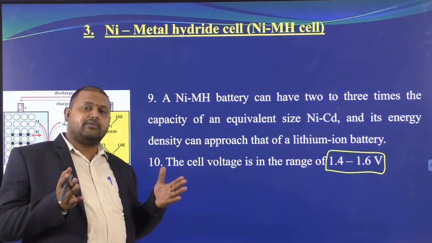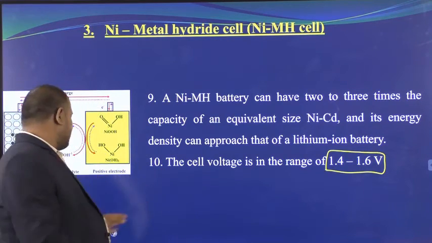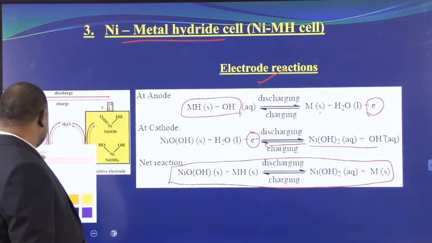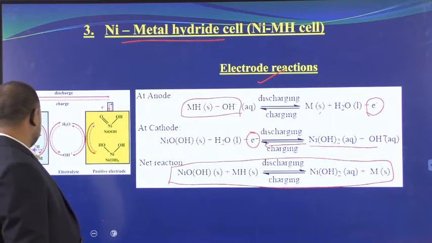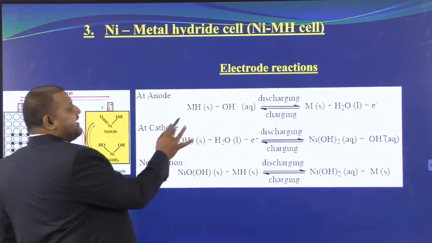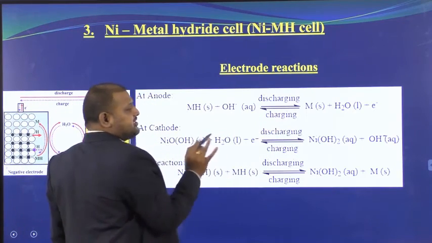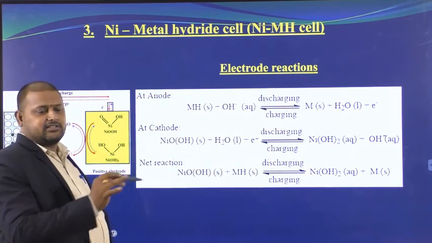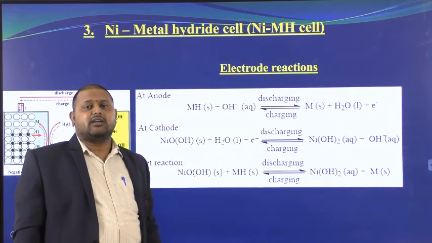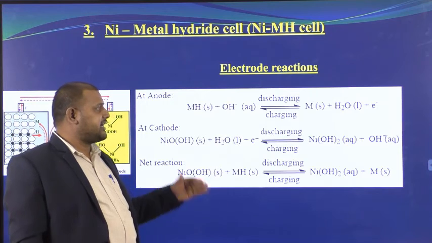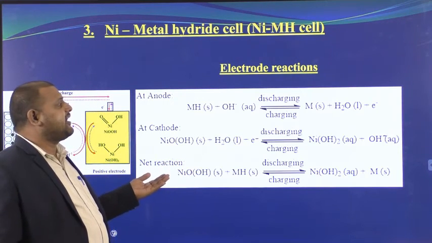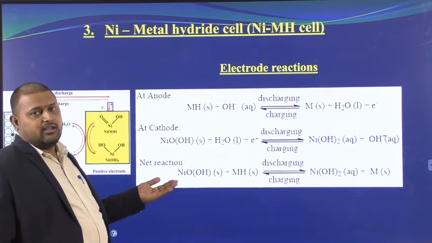Once you are thorough with nickel cadmium, you can easily do this, because the reactions are important here. If the reactions are clear, the forward reaction is discharging, the backward reaction is charging. So charging, discharging, that's all. Just by reversing this, you can reverse the reactions for charging and discharging. Therefore, secondary batteries find their utilities on a major scale.